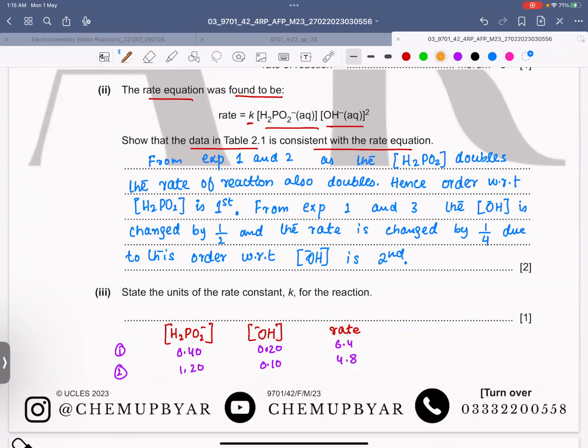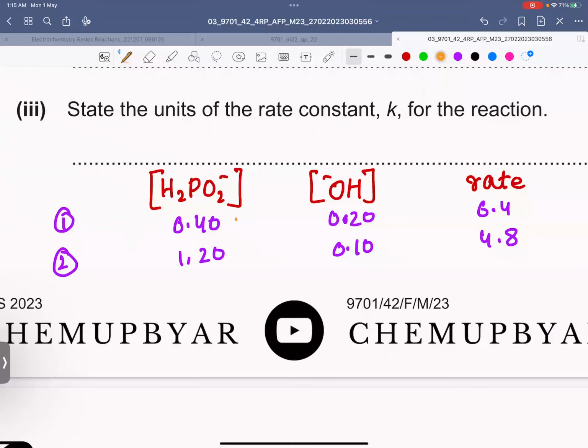Now, Arsh, do you agree that the concentration of H2PO2 negative is increased by 3 times, right? Yes. And the concentration of hydroxide ion is changed by 1/2, right?